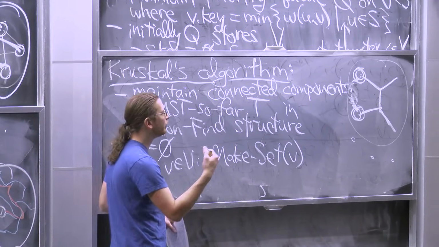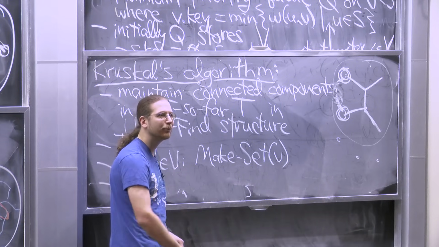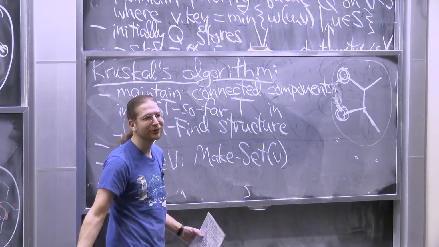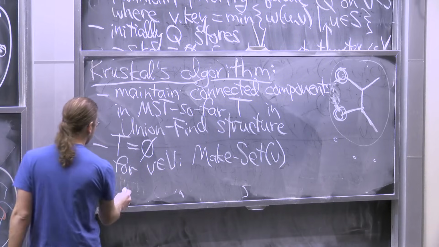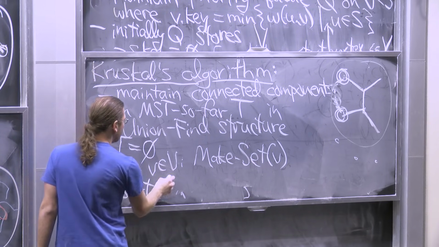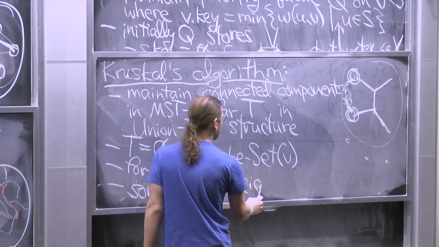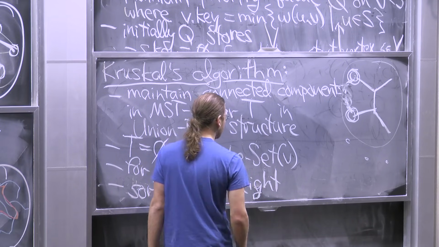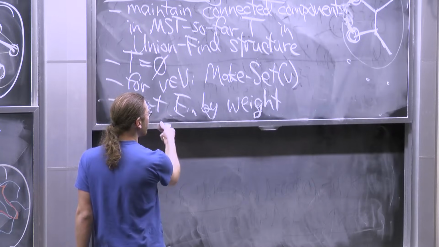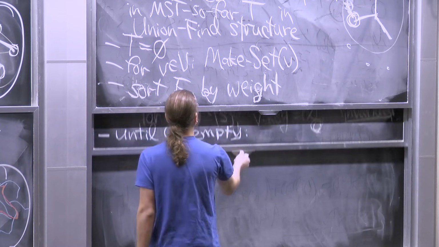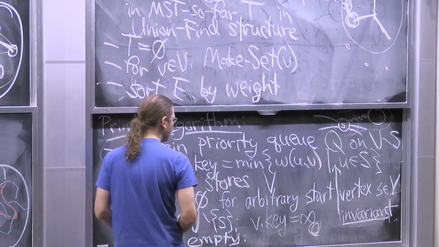Now I'd like to do the minimum weight edge, and then the next minimum weight edge, and the next minimum weight edge. That's also known as sorting. So I'm going to sort E by increasing weight. So I get to start with the minimum weight edge.